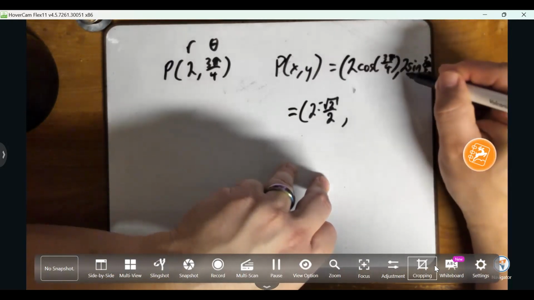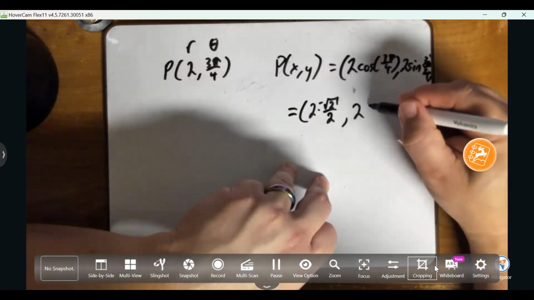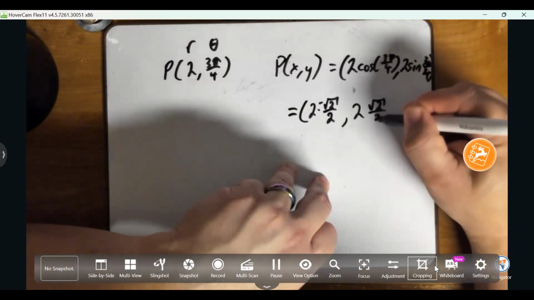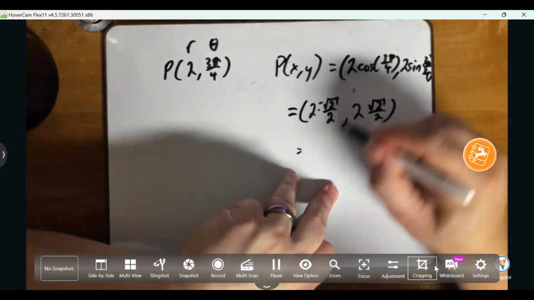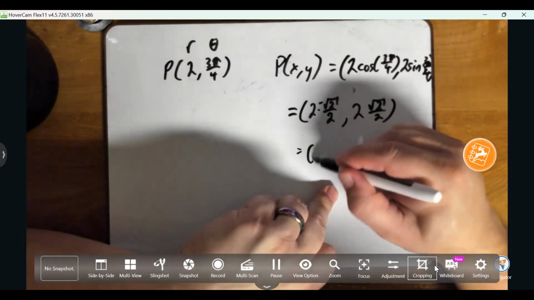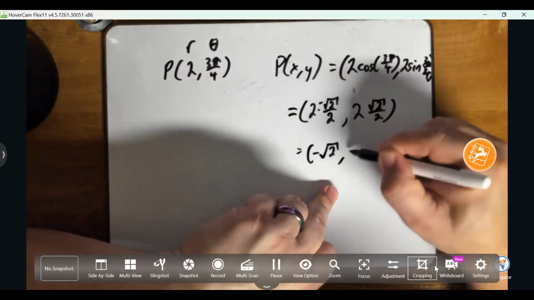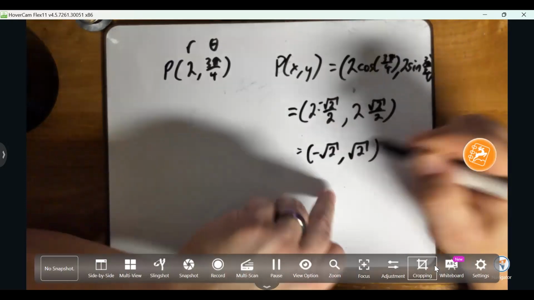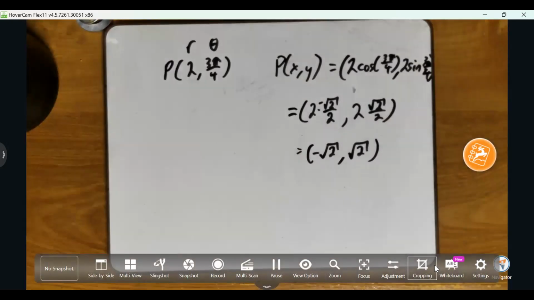And the y coordinate will be 2 times the positive square root of 2 over 2. So the 2s cancel, and I get negative root 2 comma positive root 2 as my x and y coordinates.